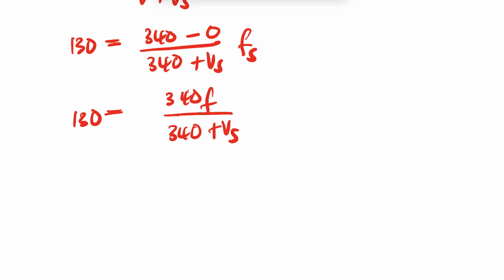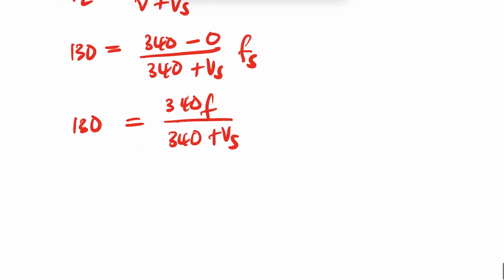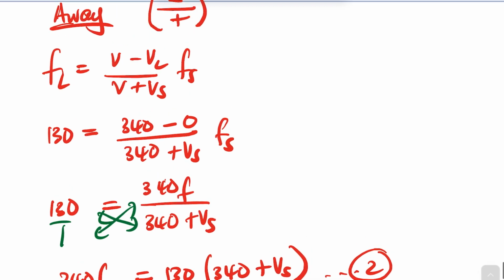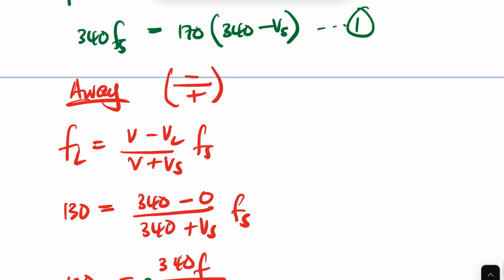We cross multiply, guys, just like we did in the previous equation. So we're going to have 340 Fs equals 130 times (340 plus Vs). And this is equation 2.